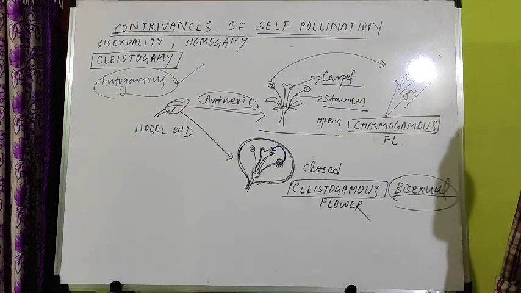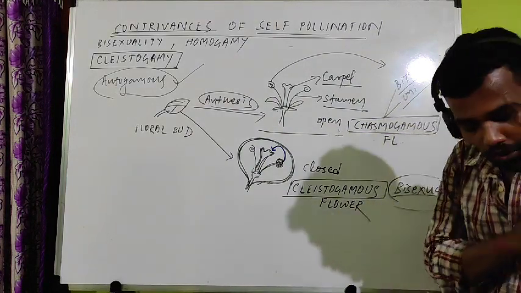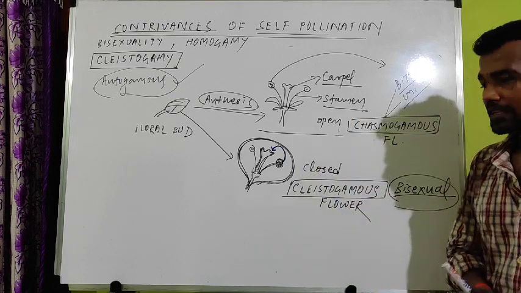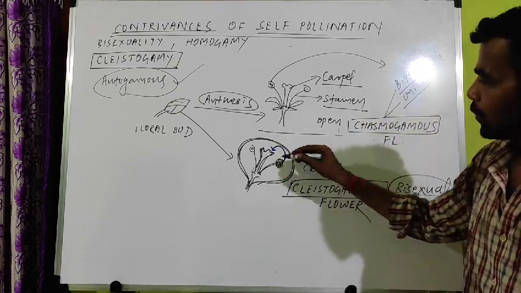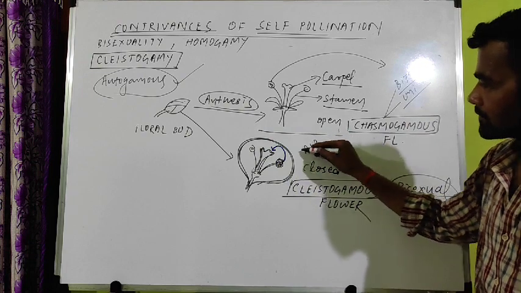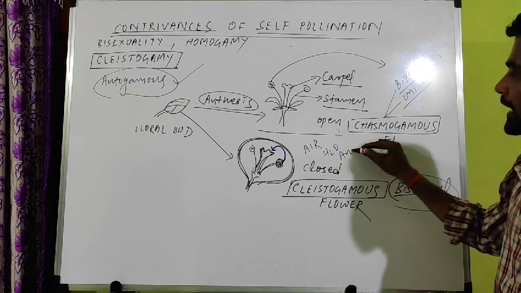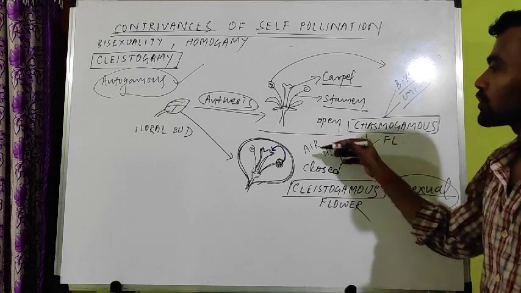Invariably, there is no variability. There is no other chance. And another important thing: as these flowers are closed, air cannot enter to transfer the pollen grain. Water cannot enter. Animals also cannot enter.